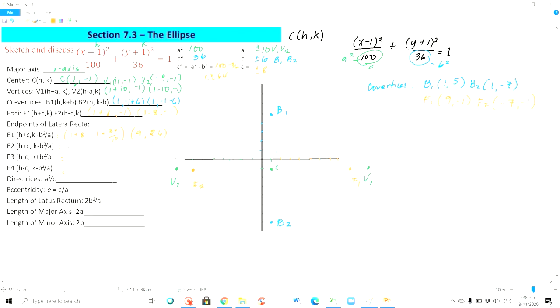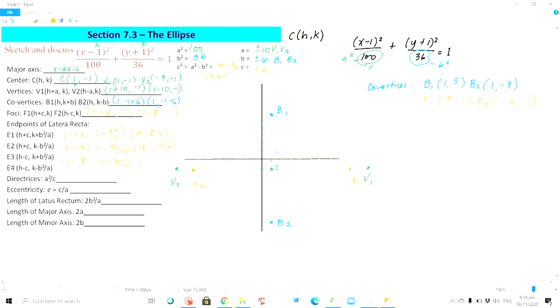For number 2, ganun pa rin. 1 plus 8, then negative 1 minus 36 over 10. So, this is 9. And negative 3.6 and negative 1 is negative 4.6. For H minus C, so that's 1 minus 8 and negative 1 plus 36 over 10.